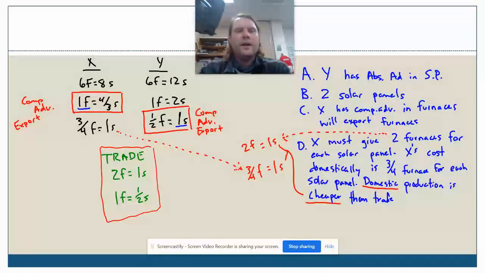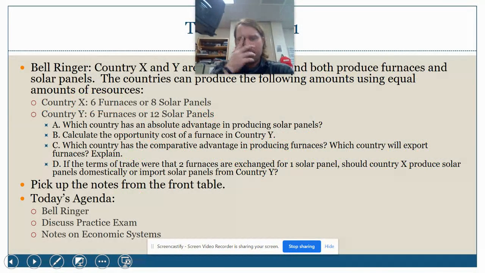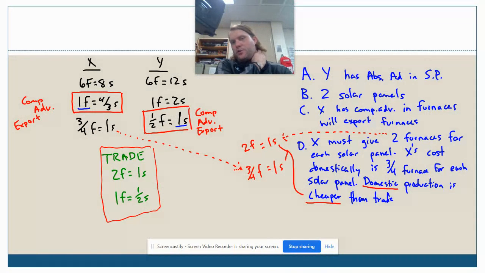Now, the terms of trade are going to be one furnace equals a half of a solar panel, and one solar panel equals two furnaces. I just took that information. If the terms of trade were two furnaces for one solar panel, it's asking us, should country X produce domestically, meaning not trade, or should they trade?